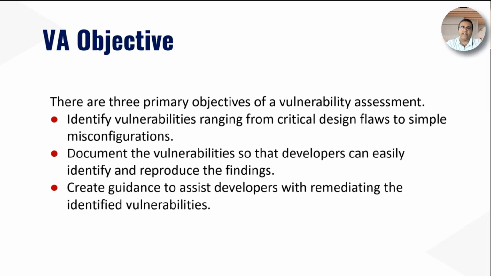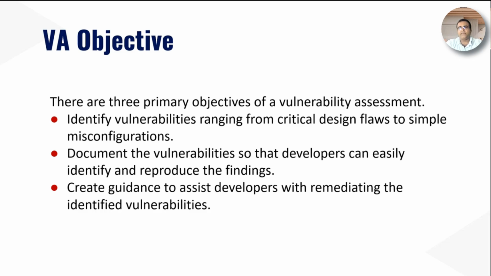Third, create guidance to assist developers with remediation of identified vulnerabilities. After documenting it, you also provide remediations to the developers or the pertaining system administrators on how to fix those vulnerabilities, and what action has to be taken.